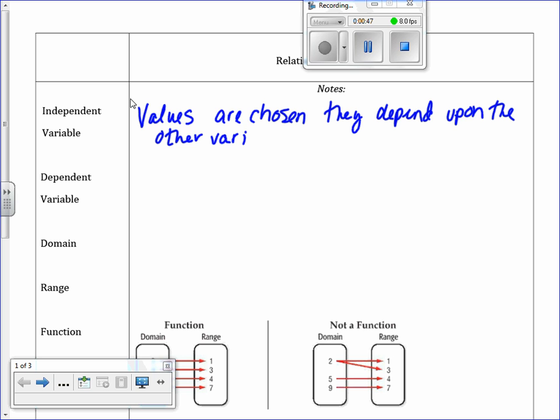So we can always determine the independent variable when we're looking at a problem and say, can we choose this value, or does this value depend on what we have to choose?